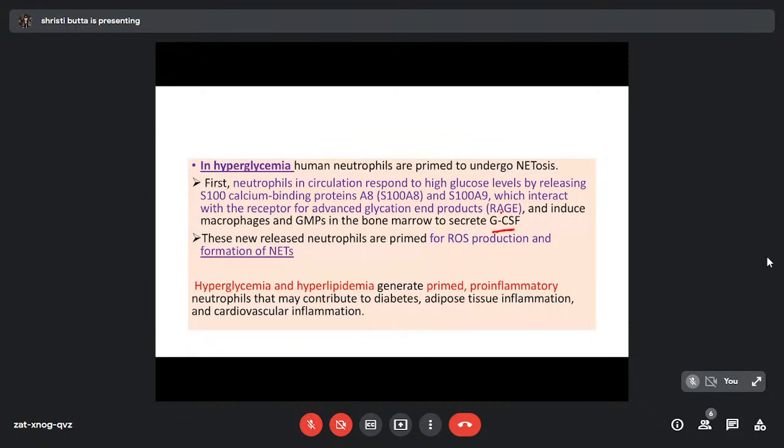These newly released neutrophils produce reactive oxygen species and form NETs. So NETs are very important. They have been implicated in hyperglycemia and hyperlipidemia. They produce what is referred to as a pro-inflammatory state.